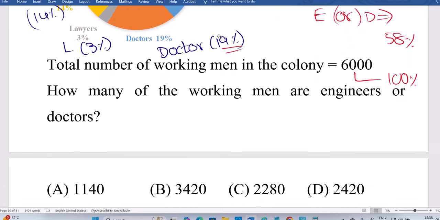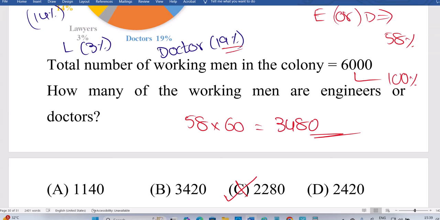So we need among options, you just see. So it should be 58 into 60. Suitable is this, but it's not correct. 3,480 is coming. Did you get 3,480?